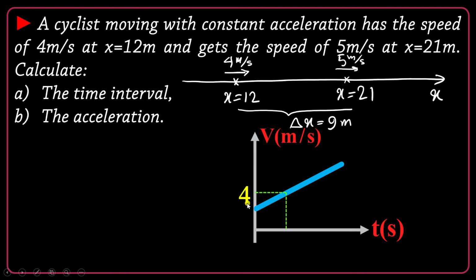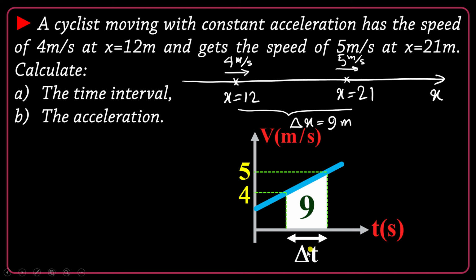The velocity here could be 4. I don't know the time. And the velocity at the later time at x equals 21, I don't know when, will be 5. So the velocity raised from 4 to 5 just in 9 meters.